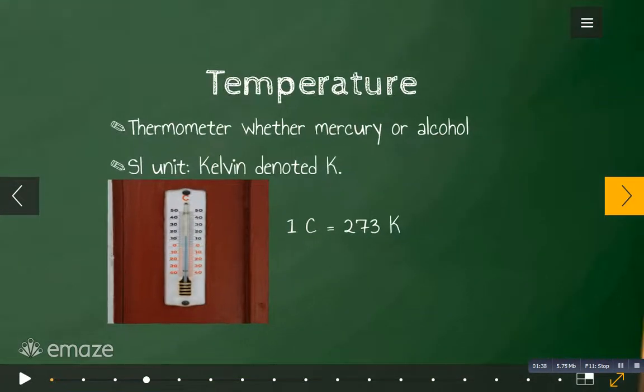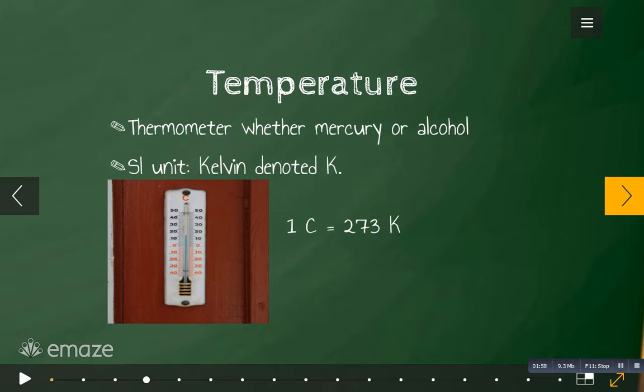Right, so the next thing is temperature. How to measure temperature? The temperature is measured by using a thermometer, as it is shown in the picture. Now, the liquid inside a thermometer is either mercury or alcohol.